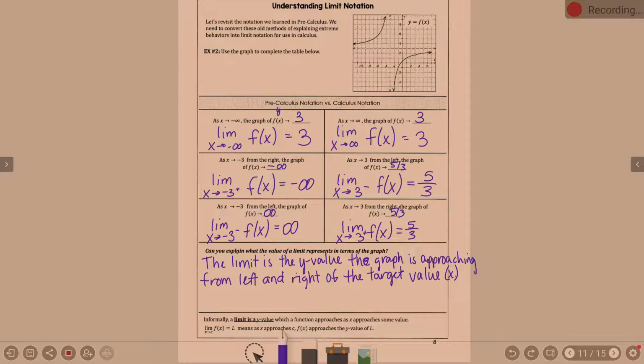Informally, a limit is a y value which a function approaches as x approaches some value. Notice it says down there, the limit as x approaches c of f of x equals L. And that means as x approaches c, f of x approaches the y value of L. Now, I don't know that I've ever caught this, but they specifically mention that L needs to represent a real number.